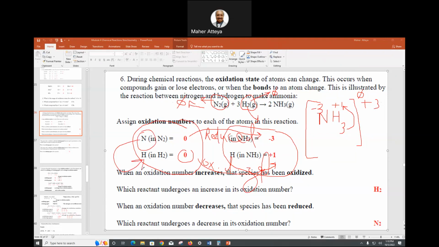Well, nitrogen is forcing hydrogen to be oxidized. So nitrogen is oxidizing, meaning it's the one that does the work, the function. So nitrogen is an oxidizing agent. What does hydrogen do to nitrogen? Well, hydrogen is forcing nitrogen from 0 to -3, to be reduced. So hydrogen is the reducing agent.